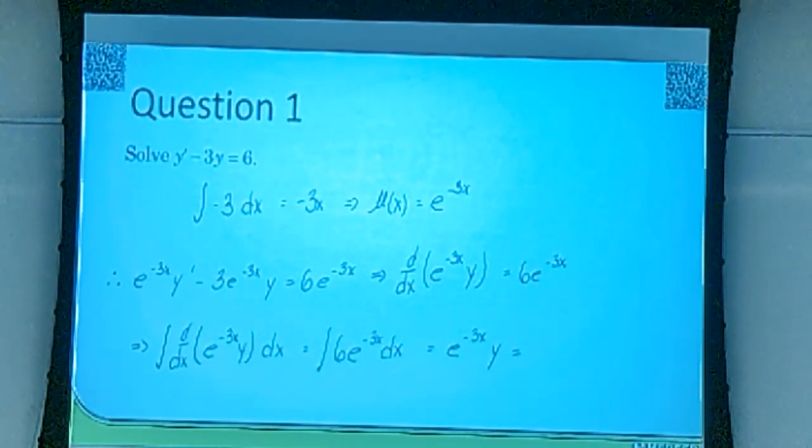What is the antiderivative of 6e to the negative 3x? We could use a calculator, but we're going to test our knowledge here. Is it negative 2e to the negative 3x? You sound very confident. It's because I'm not.